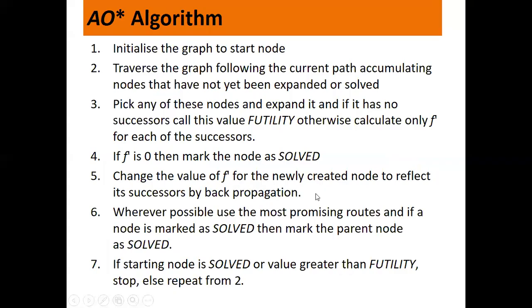Change the value of f for the newly created node to reflect its successor by backpropagation. So we revise the value every time we backpropagate it. Wherever possible, use the most promising routes, and if a node is marked as solved, then mark the parent node also as solved. If starting node is solved or the value is greater than futility, stop. Otherwise, you repeat the process from step number 2. The simple AO star algorithm.